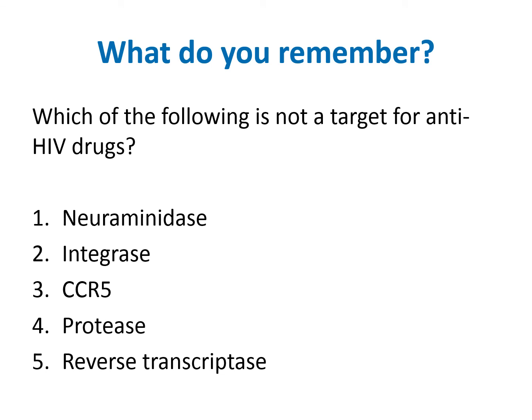Which of the following is not a target for anti-HIV drugs? Is that neuraminidase, integrase, CCR5, protease, or reverse transcriptase? Of course it's neuraminidase. We know that that's part of one of the spike proteins on influenza. It's not even part of HIV.